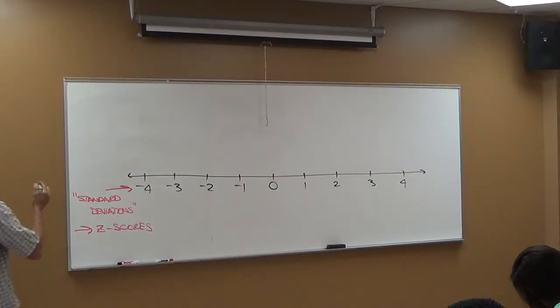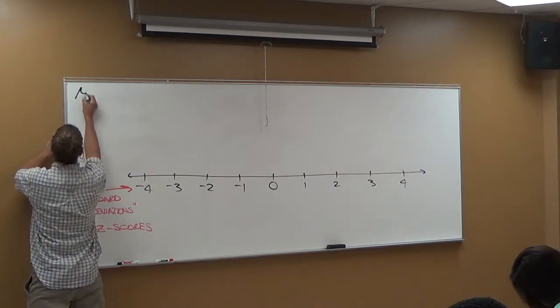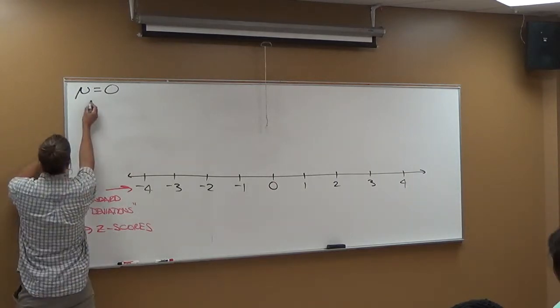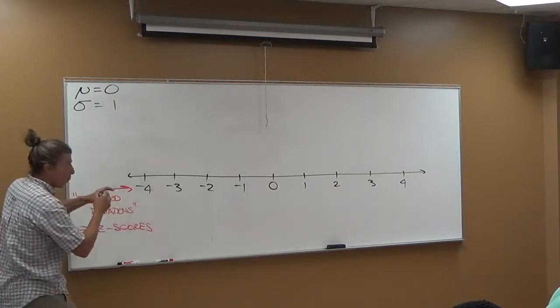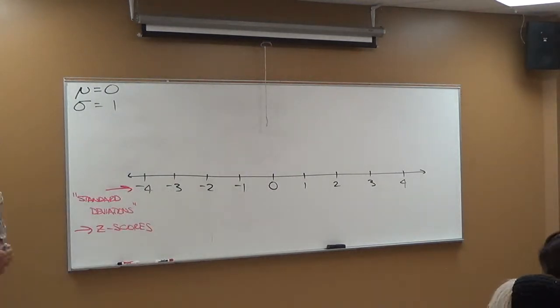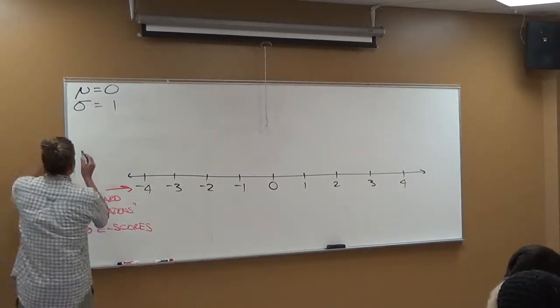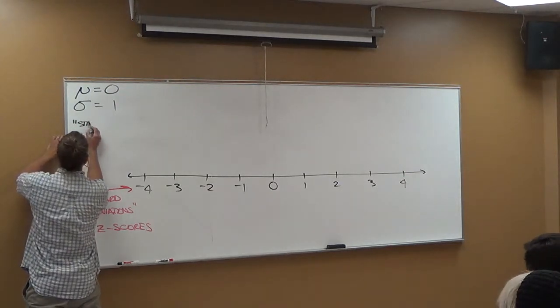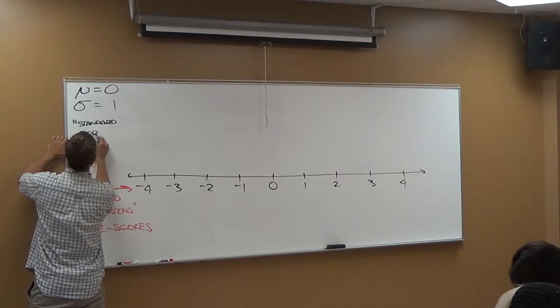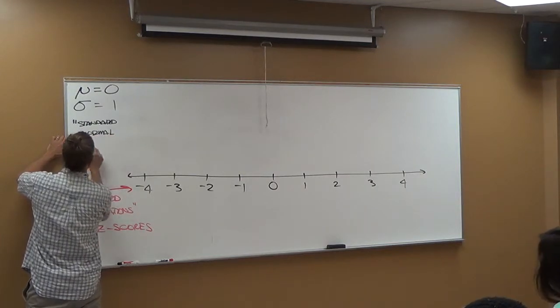When you place it like this, your average, mu, is going to be 0, and your standard deviation, sigma, is going to be 1, because each one is one more jump of standard deviations. Just FYI, this is called the standard normal distribution.